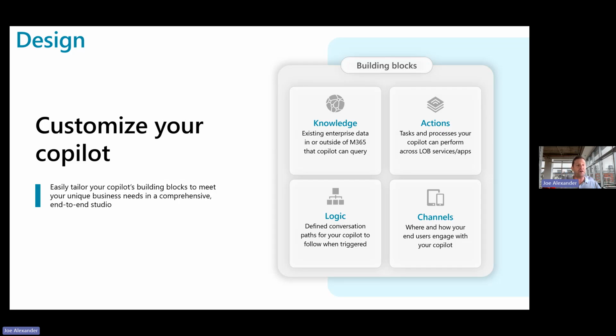Maybe it's a handful of PDF documents, policies and procedure documents. Maybe it's a website you like to reference. There are a couple of different options. And we can make sure that we're defining and limiting our responses, leveraging generative AI, to those specific pieces of knowledge, right? So you have control over that.